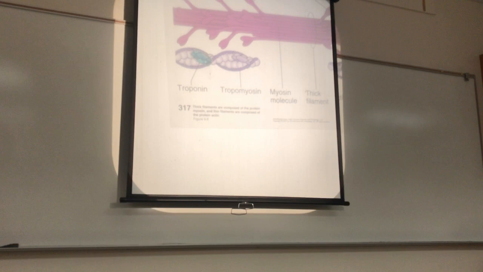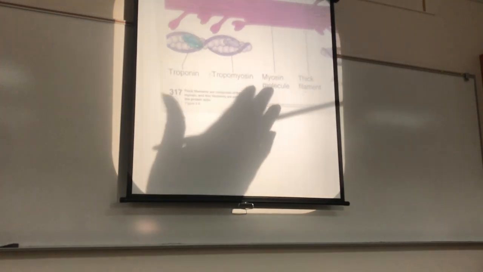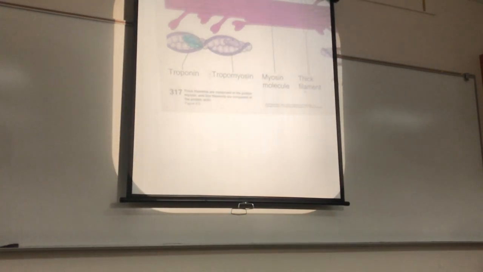Something has to be saying, yes, you can, no, you can't. The regulatory protein in this group that is controlling whether or not cross bridges can form, whether or not contraction will occur, is actually the molecule troponin. Troponin regulates whether or not cross bridges can form.